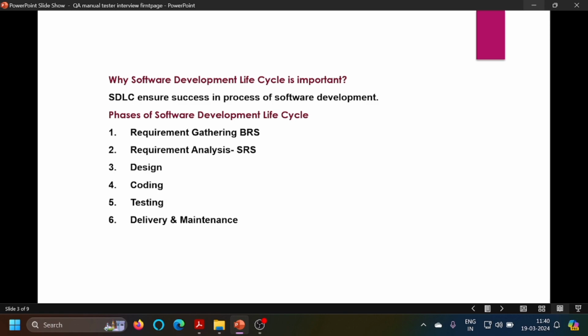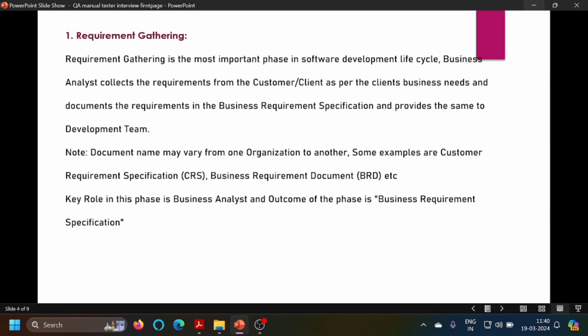In requirement gathering we get basically the BRS, business requirement specification, from the client, and it is basically collected by the business analysts. Requirement analysis, basically the outcome of that requirement analysis we can get a SRS. After that design, coding, testing, delivery, and maintenance.